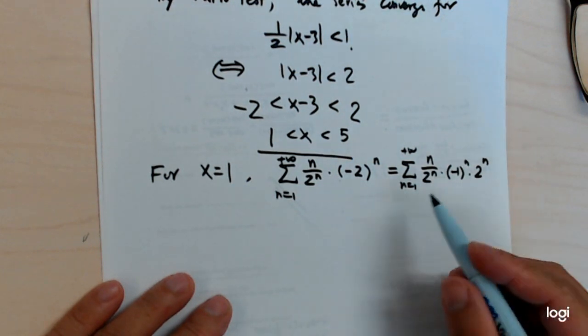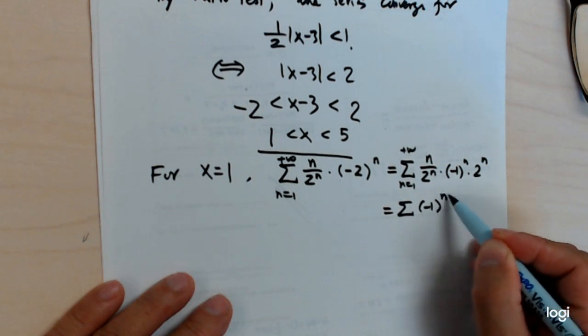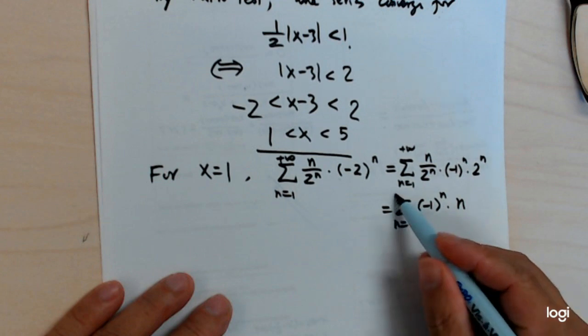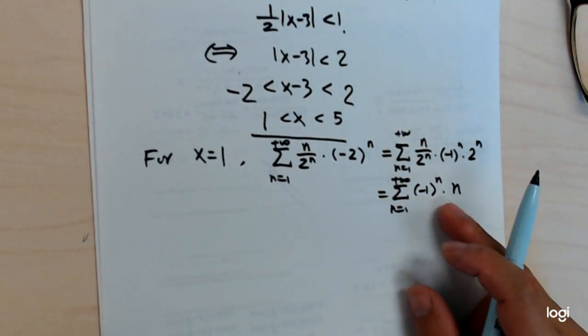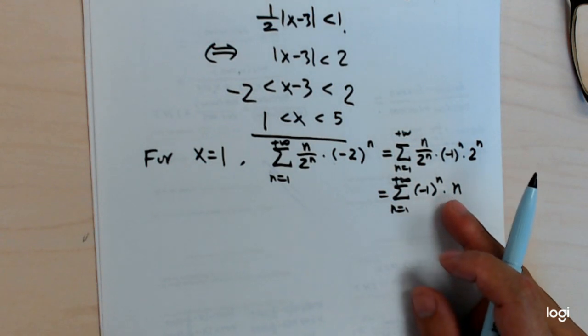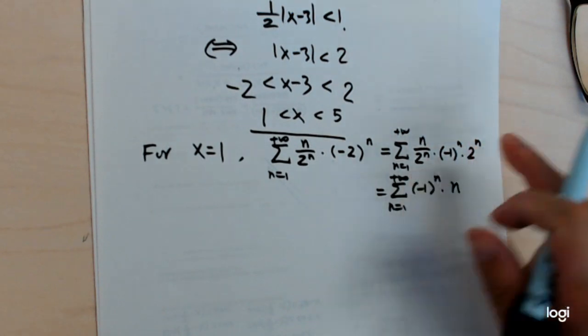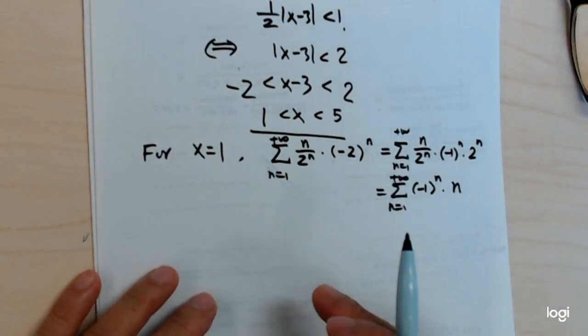So those two terms cross off, and you are looking at something like this. There's a negative 1 to the n here, and this n back there. This is an alternating series, but the positive part does not appear to go down to 0. So this won't be convergent.